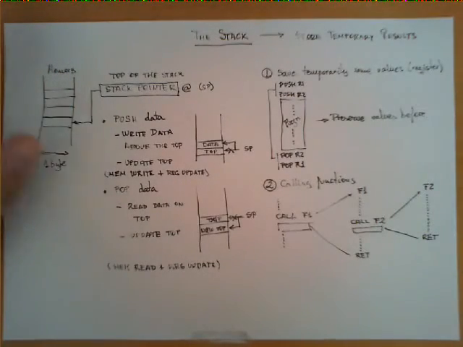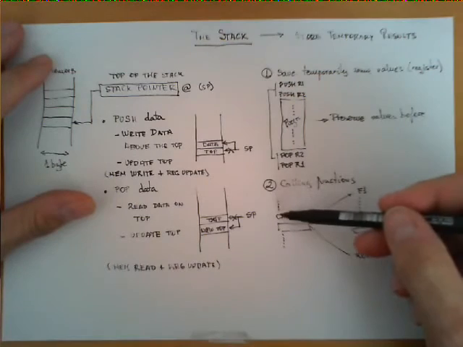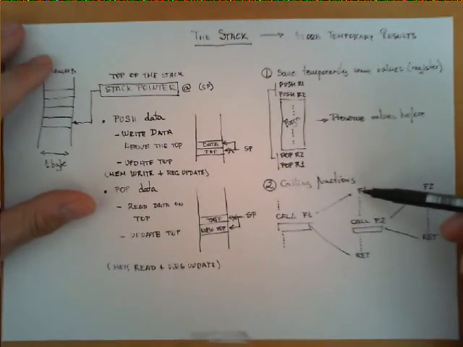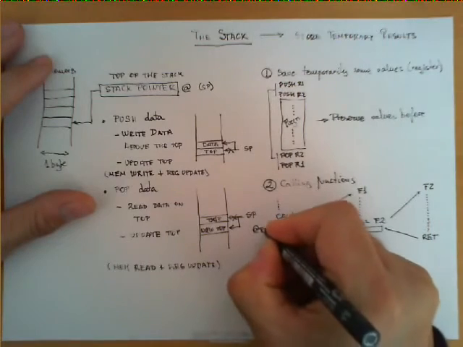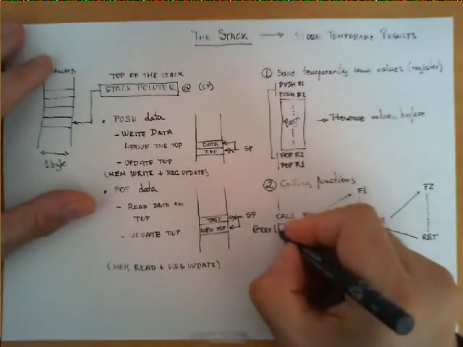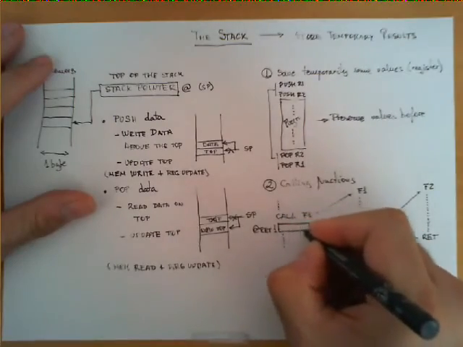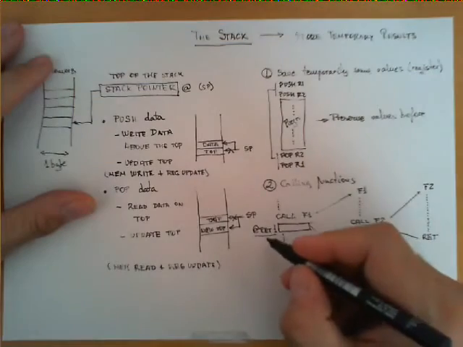So this is one of the most powerful uses of the stack, which is the following. When this first program calls function 1, it has to remember the address to return from F1. Let's just call it address return 1, which would be this position over here. How do I remember this address to return? Because I might have more than one.